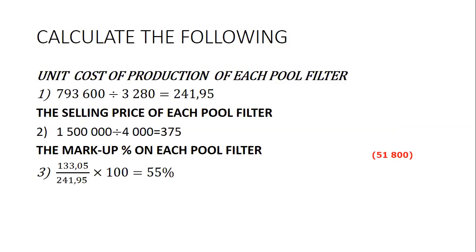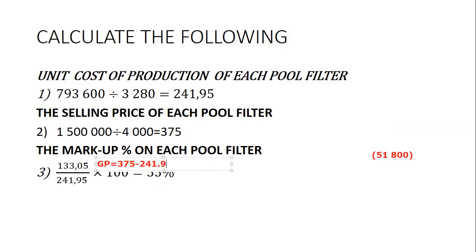Do you know how to get the markup though? You mean without them telling us? The markup, yes. The markup is simply your gross profit. Your gross profit is simply your selling price per unit, which is 375, minus your total cost of production per unit, which is 241.95.